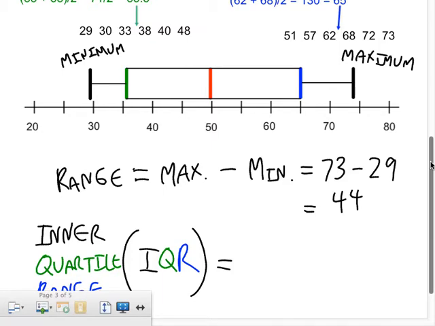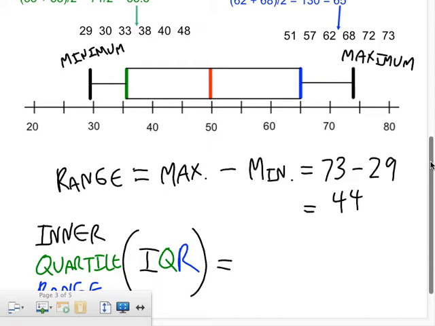The thinking is the same as the range. I got to subtract some things. What am I going to subtract? Let's use some vocabulary words. Somebody? I can give you colors to help you out. Dominic, can you help us out?